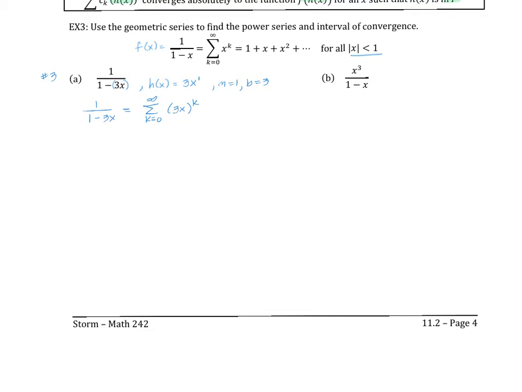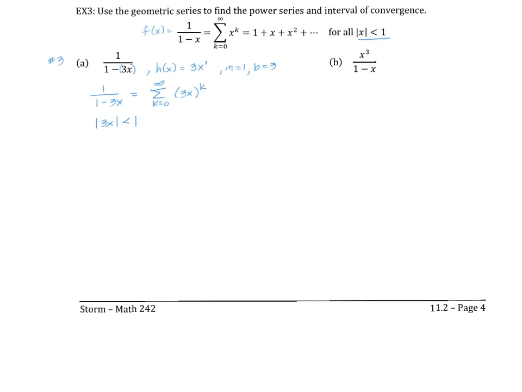However, all I have to do is substitute in 3x for x. The interval of convergence did not change. I'm still looking at the absolute value of x less than 1. I'm just substituting in 3x wherever I see x, which gives me the absolute value of x less than 1/3.